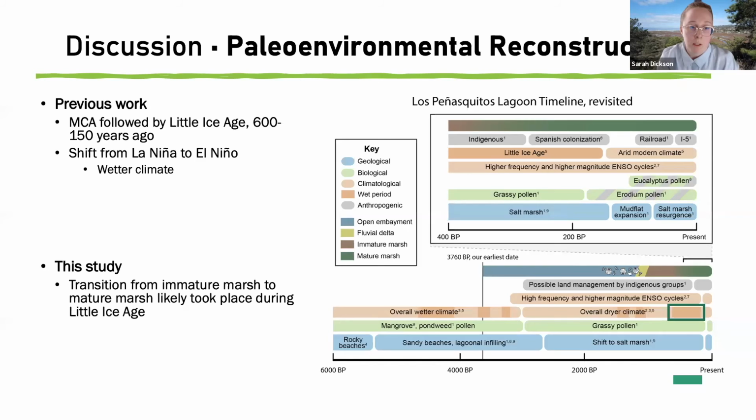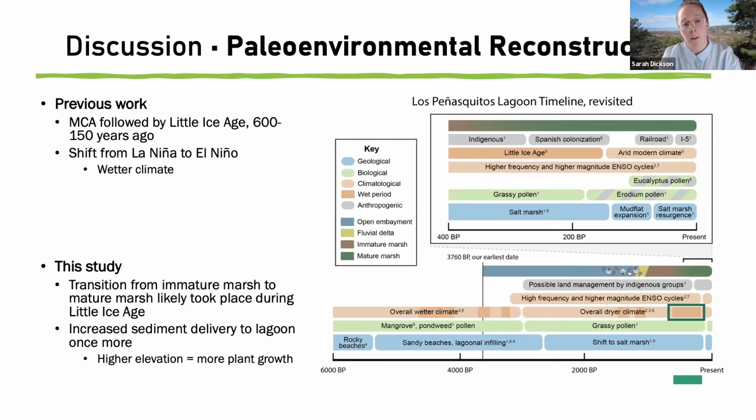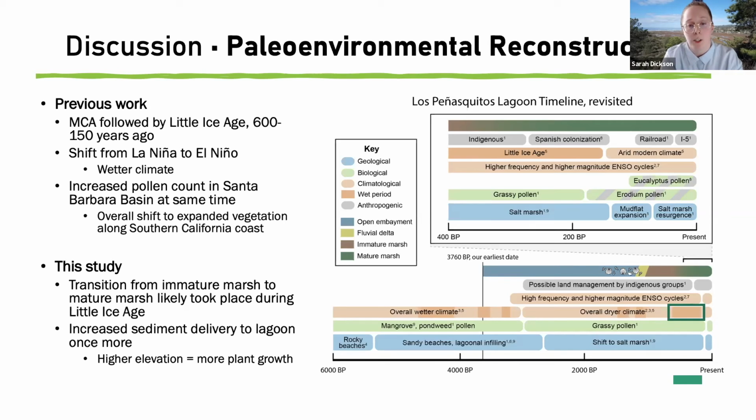The wetter climate could have facilitated increased sediment delivery to the lagoon again, and more sediment would build up an area of slightly higher elevation in the lagoon, allowing for more plants to colonize the area. Previous work just 200 miles north in the Santa Barbara Basin also revealed an increased pollen count during the early Little Ice Age, indicating that there was an overall shift to expanded vegetation along the Southern California coast at this time.